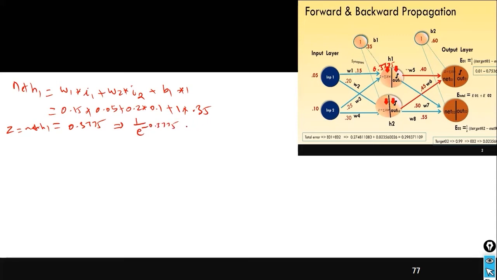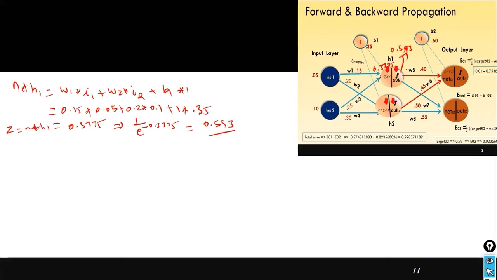And 0.593 something will come. This is what your out H1 value is, 0.593.